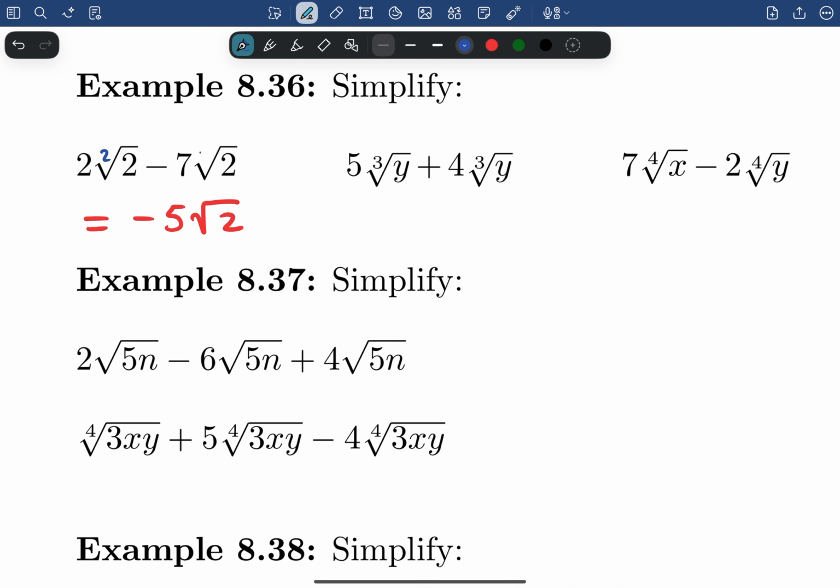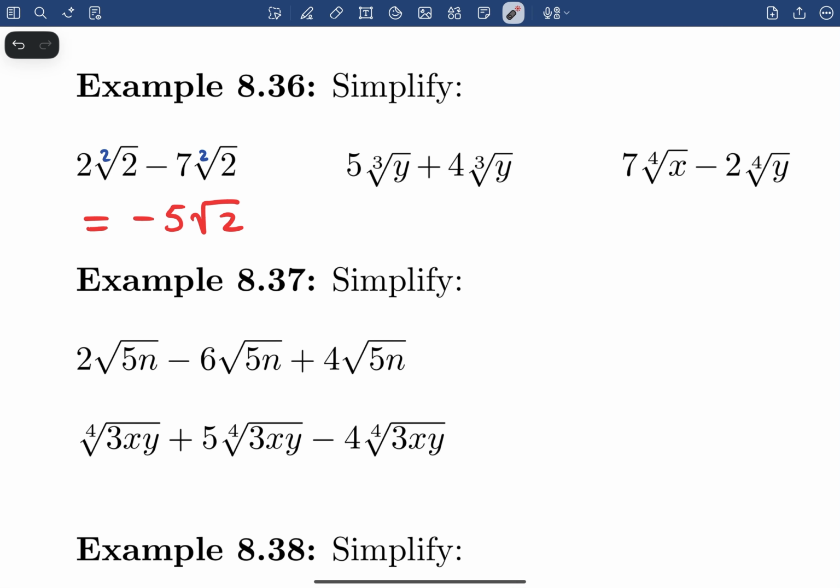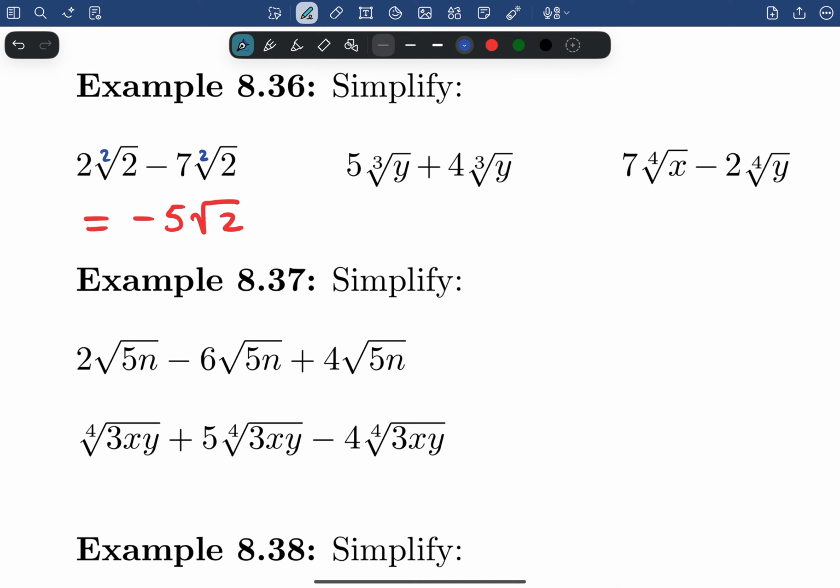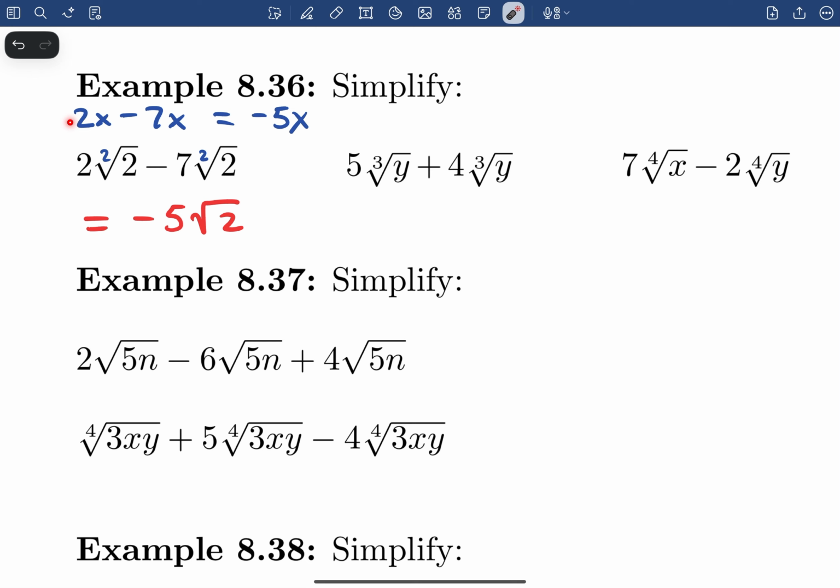It's 2. And the same radicand. The radicand in both cases is 2. This is why we can do it. It's kind of like the same idea as if you took 2x and subtracted 7x. They're like terms, so you're used to this. 2x minus 7x, that's negative 5x. Just in the same way we can do this, we can also do it like this. Let's try some more.